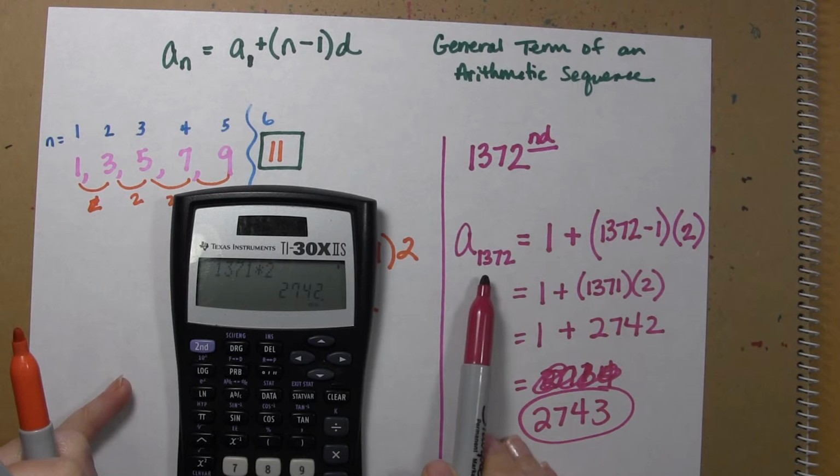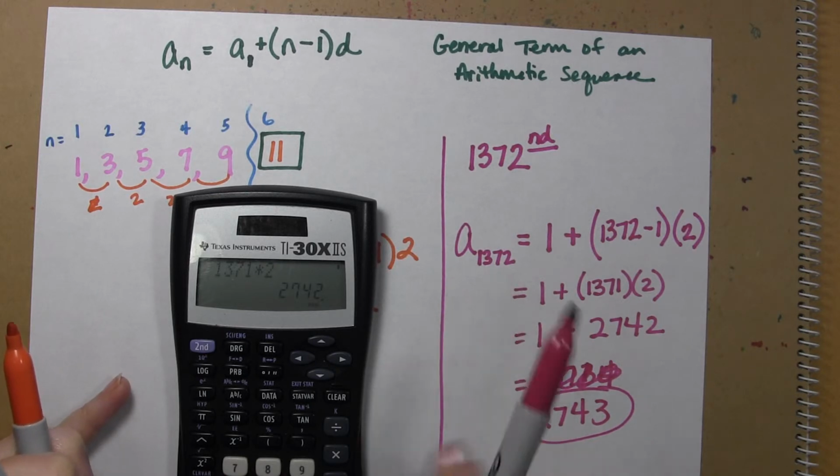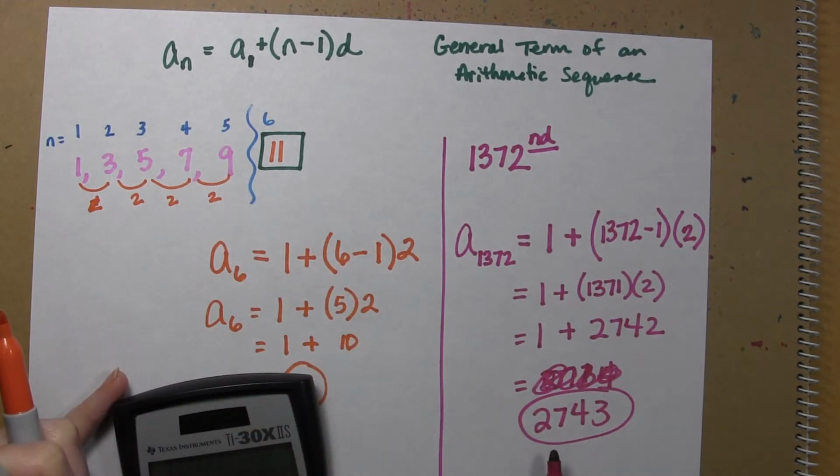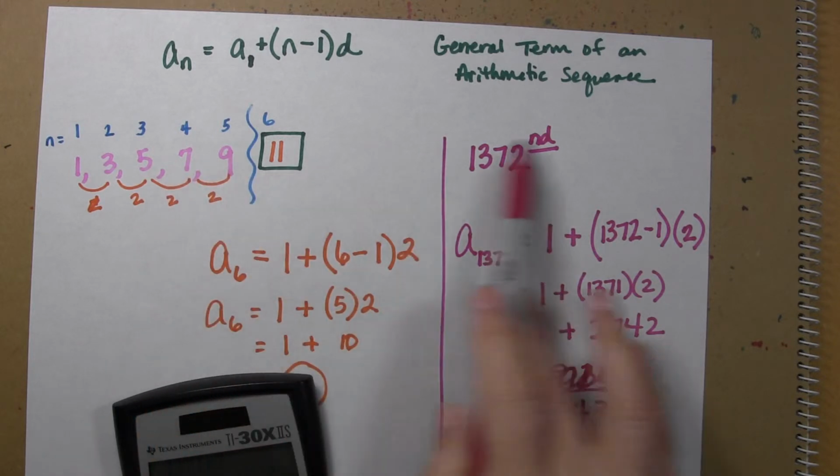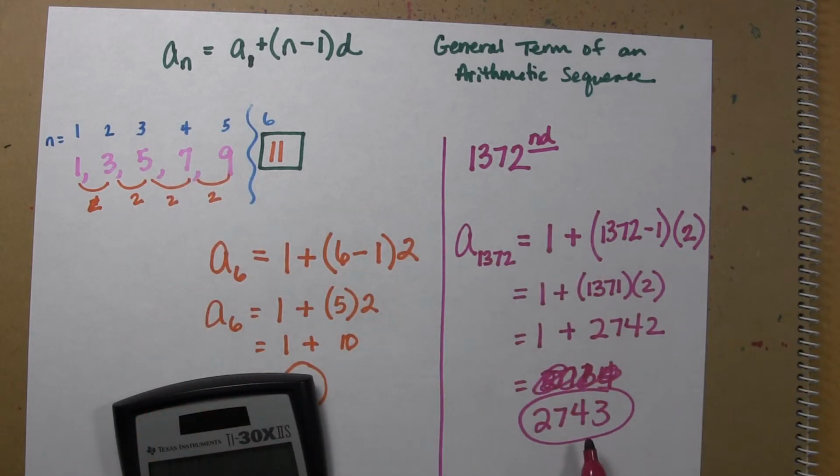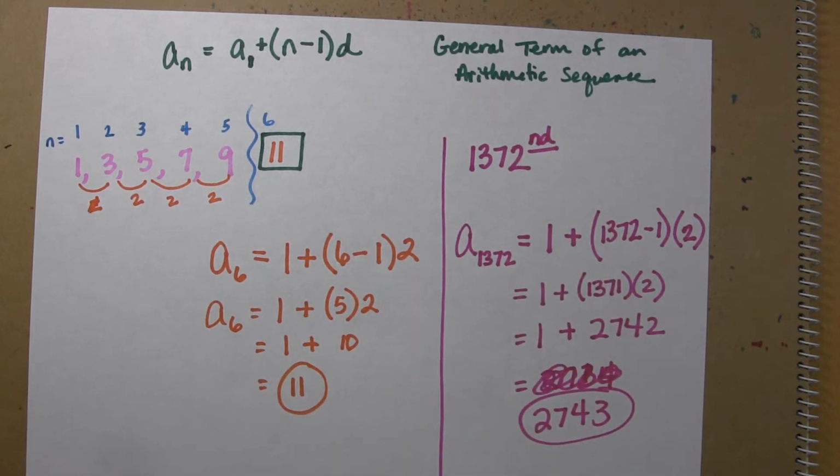So the 1372nd term of this sequence is 2,743. Yes, I could have sat here for a very long time and just counted it all out, but clearly this is much faster. So that's one of the big advantages of the general term of an arithmetic sequence.